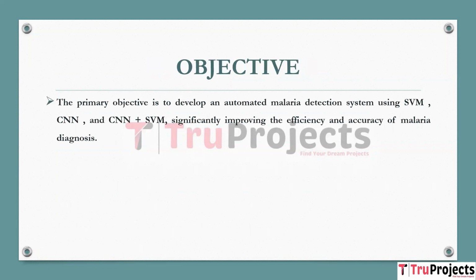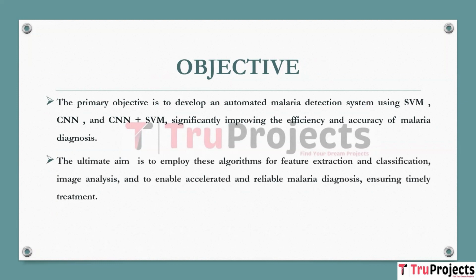The primary objective is to develop an automated malaria detection system using SVM, which is support vector machine, CNN, which is convolutional neural network, and CNN with SVM, significantly improving the efficiency and accuracy of malaria diagnosis.